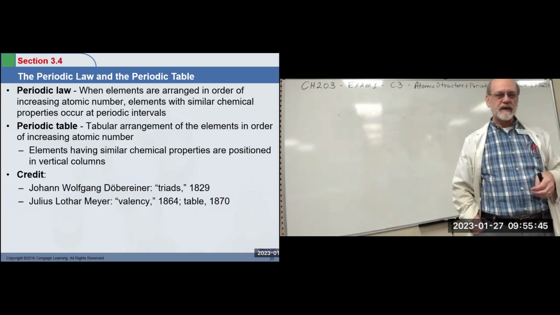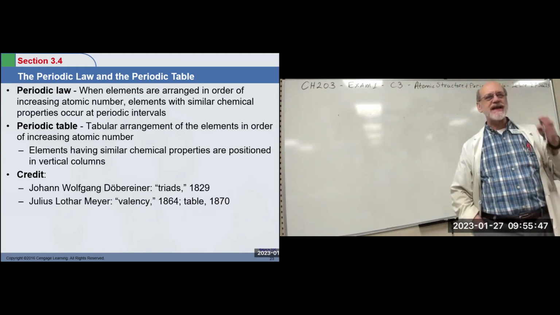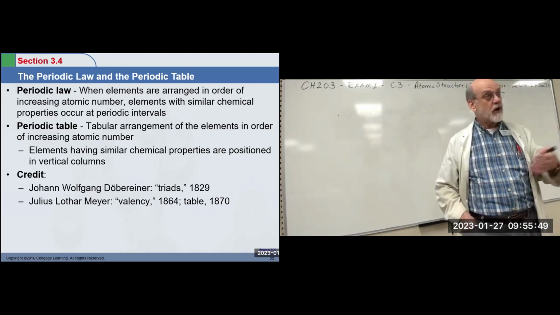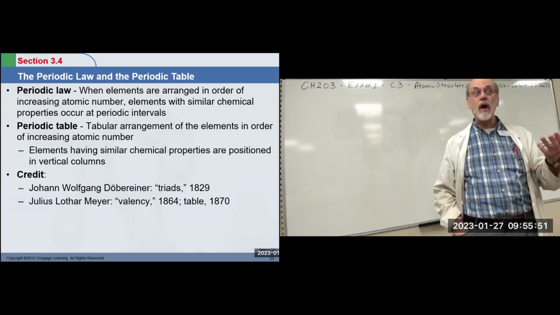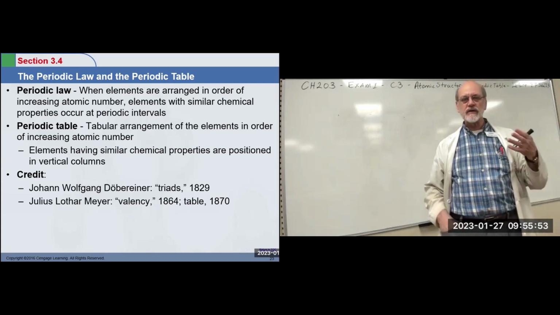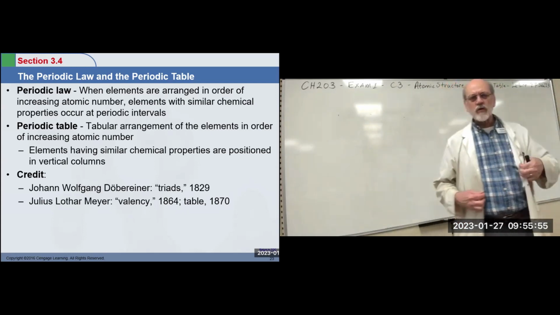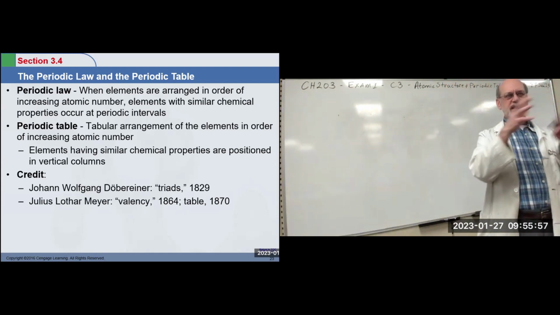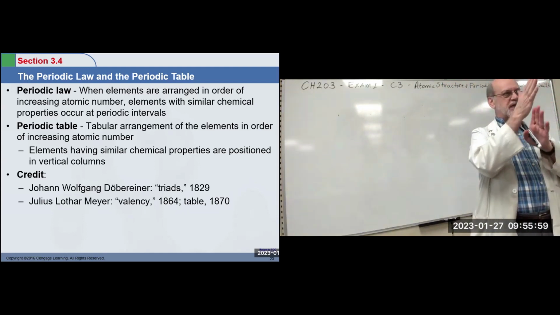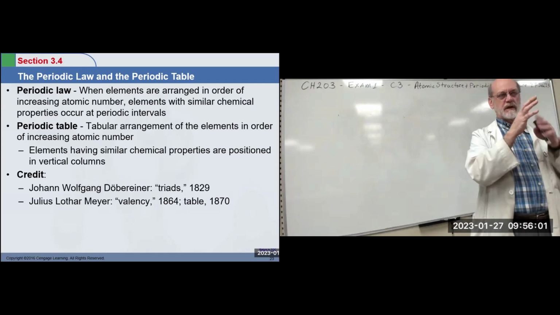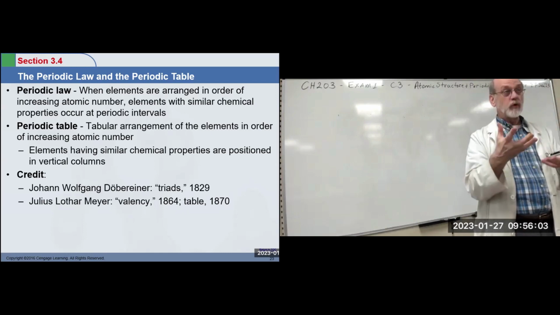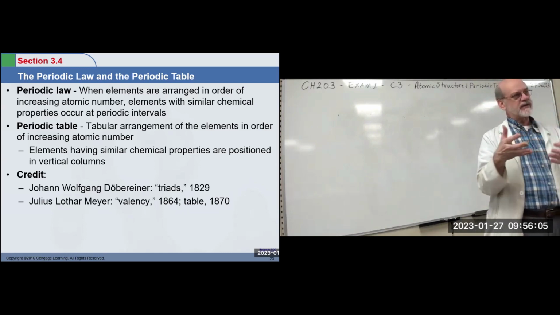Meyer came along and he built a table with elements that were known at that time. We didn't know all of them, but the ones that he did do, he grouped into a tabular form and put them together in groups of elements that behave similarly.